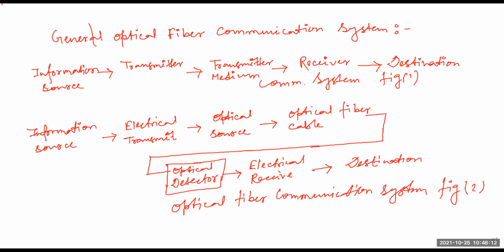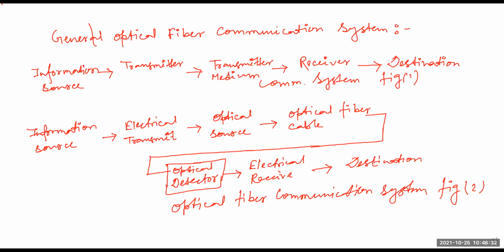Photodiodes, mainly the PIN diode and avalanche diode, act as the optical detector here. These are the basic concepts of an optical fiber communication system.